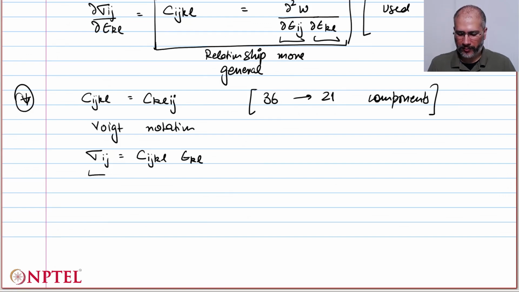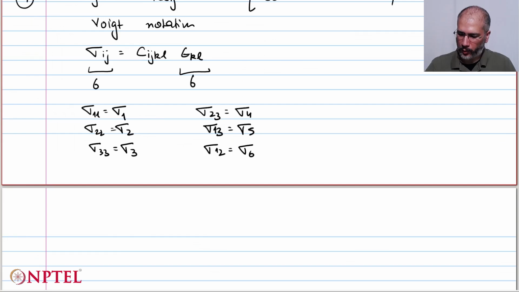And since I only have 6 unique components of sigma because of its symmetry, and 6 unique components of epsilon again because of its symmetry, I can define a new notation called a Voigt notation, where I say that sigma 1 is called sigma 1. I'm defining a sigma with a single index, then sigma 2 is a sigma 2, and so on. And we can do the same thing for epsilon as well.